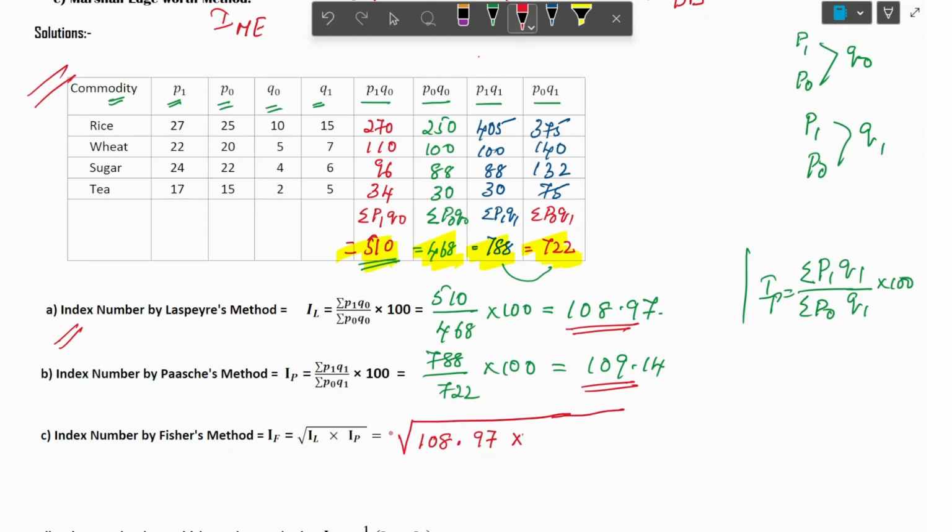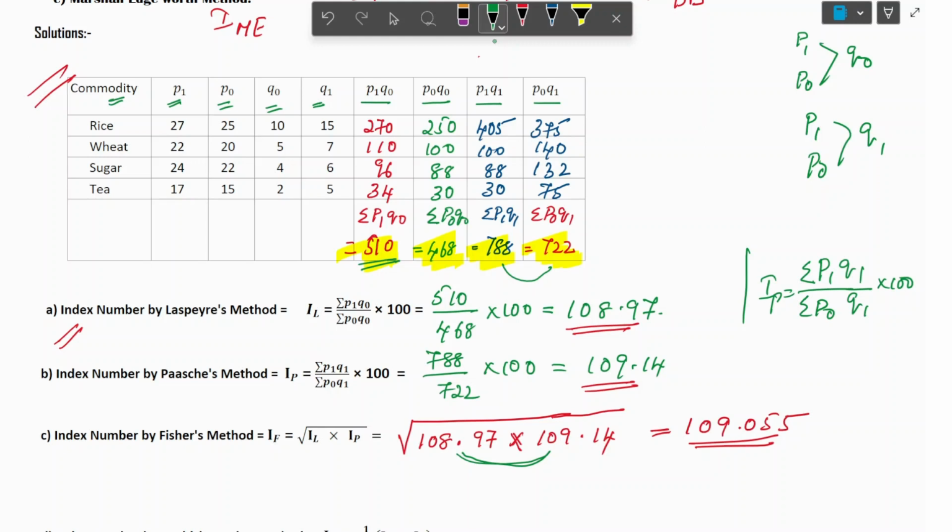Please make sure you are putting multiplication, because for the next formula it is plus, but for Fisher's it is into. Your final answer is 109.044. Here you multiply and find the square root by using a calculator. Therefore, this is Fisher's index number.